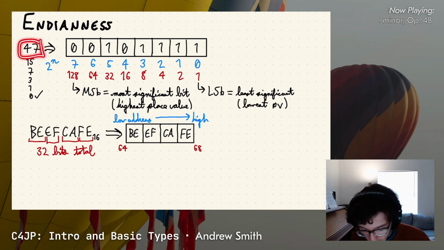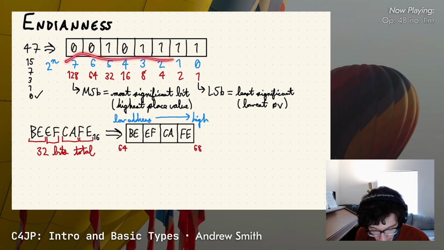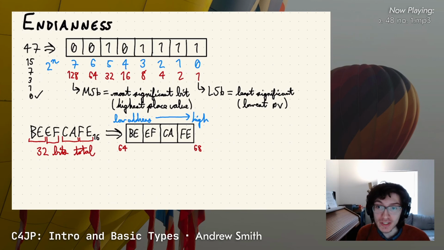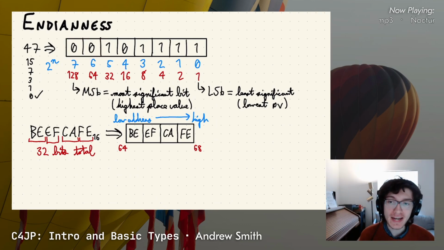47 did not fully occupy the 8-bit space that we were using up here, right? There were actually 2 bits ahead of 47 that we had to pad with zeros to indicate that there is no value there. We would do a similar thing if we had an odd number of letters.